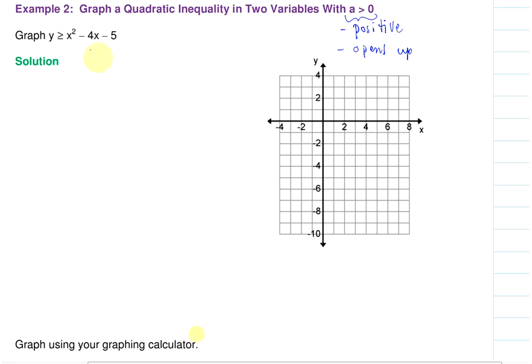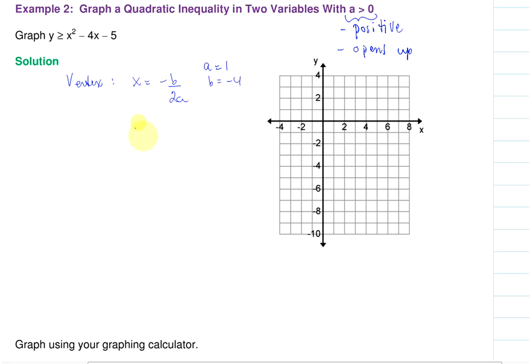So we're going to need to find our vertex. So I'm going to use our vertex formula, which is x equals negative b over 2a, where a is 1, b is negative 4, and c is negative 5. And we don't really need c, so let's not use that.